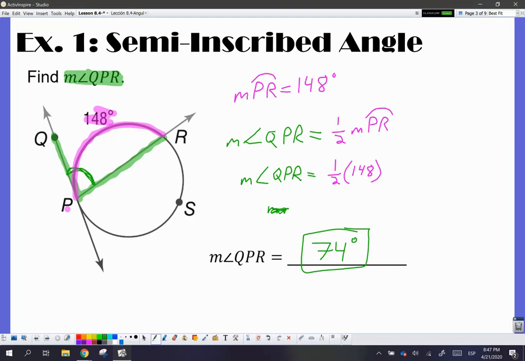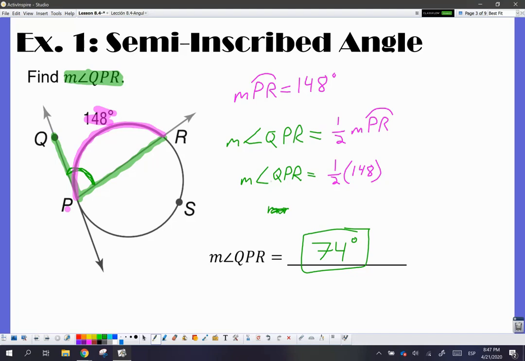So nothing too difficult here. It's all pretty straightforward. Just find the measure of the intercepted arc, divide it by 2 or multiply it by 1/2, and you've got the measure of the angle.